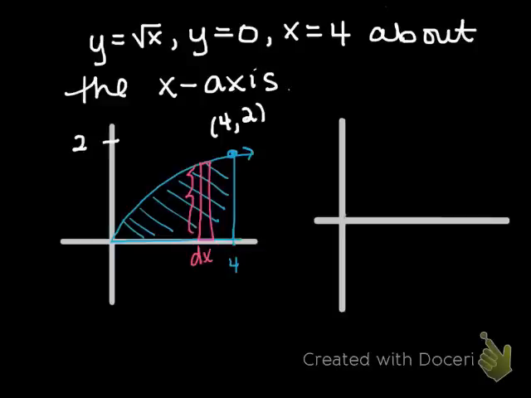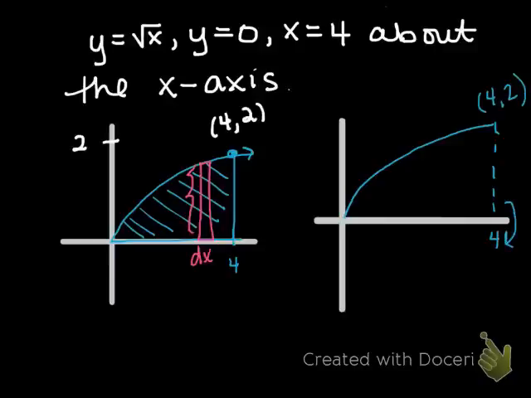we come over here and we have the same original area that we started with. So x's go from 0 to 4. We still have this point 4, 2. And now we are revolving this about the x-axis.